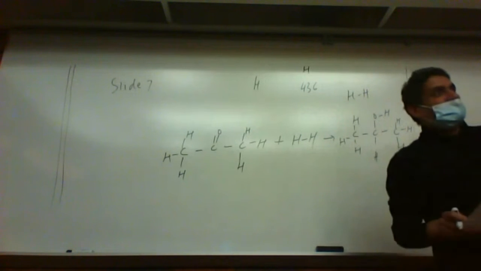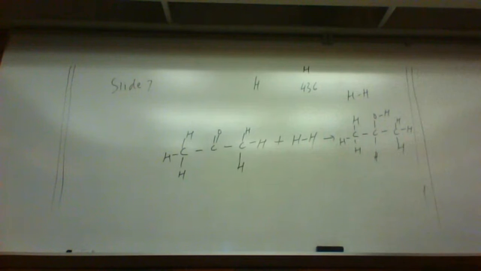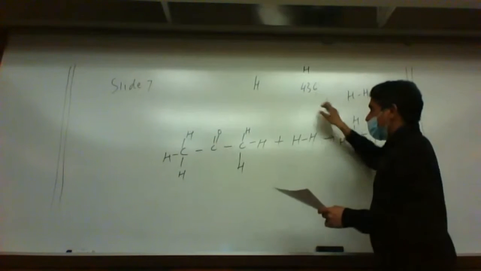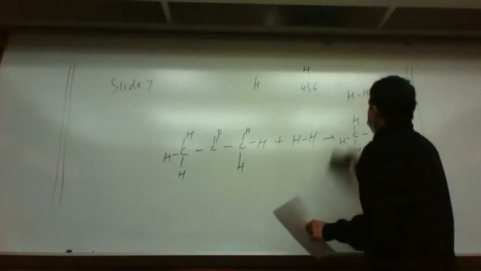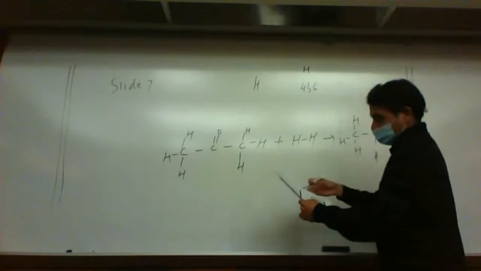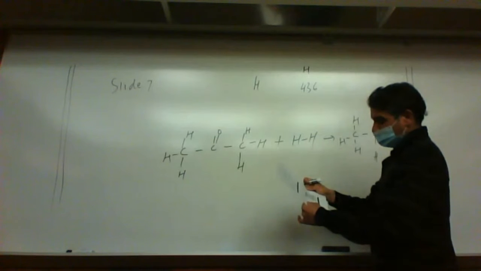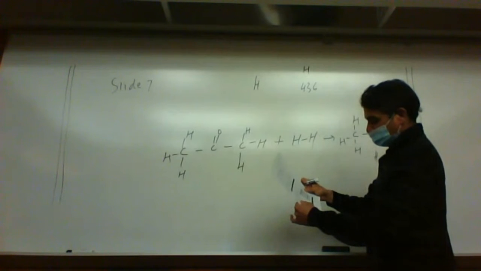If you are breaking the H and H bond, you are supplying 436 kilojoule of energy. If you are making the bond, minus 436 kilojoule of energy is being released. So this is one thing. And let's look at another one. If you look there, another one there is an O double bond O. Look all the way down there.